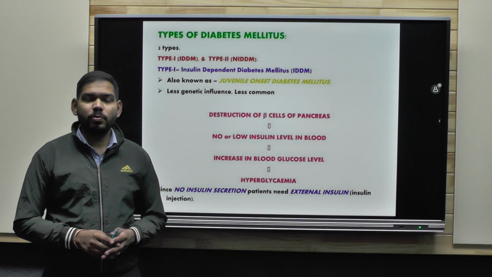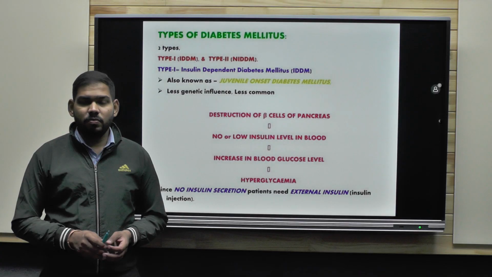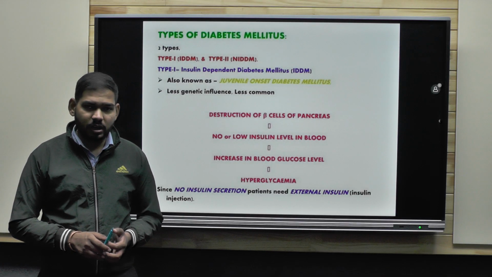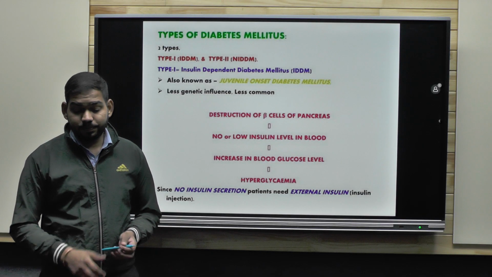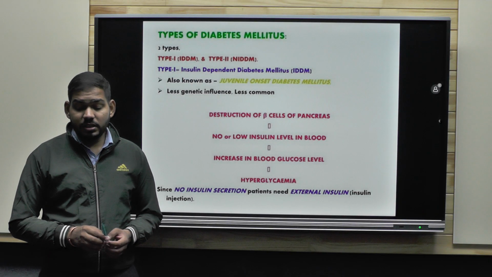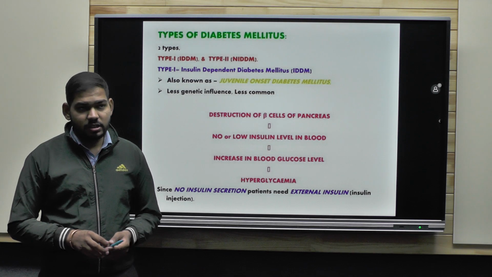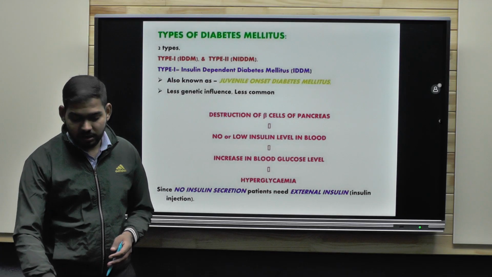Hyperglycemic condition is a condition in which there is an increased concentration of blood glucose within the circulatory system. This is due to the destruction of the beta cells of the pancreas, which are responsible for the production of insulin. Since there is no insulin secretion, patients need external insulin, that is insulin injection. Therefore, it is known as insulin dependent diabetes mellitus.